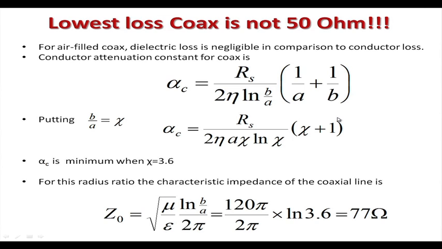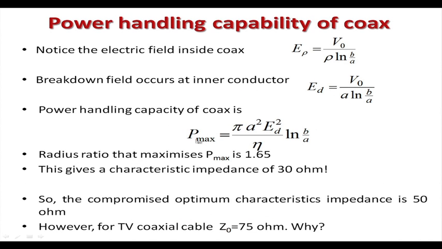So, people thought that okay, we will have this loss, but we will also make this impedance closer to 50 ohm. Now, also another thing is what happens with B by A equal to 3.6.